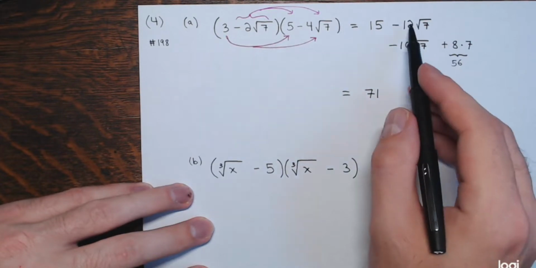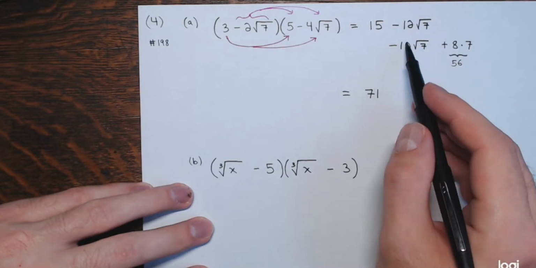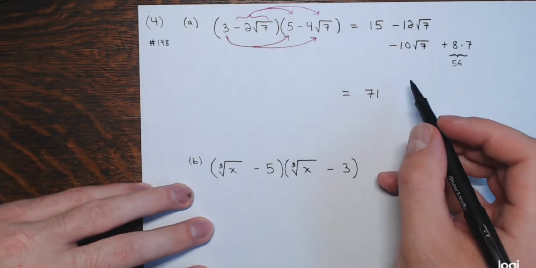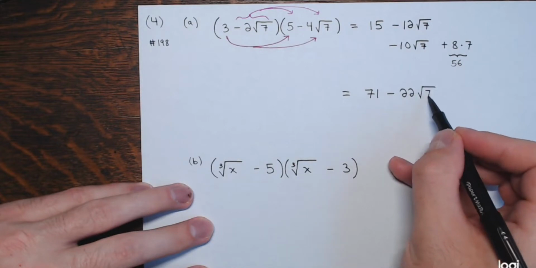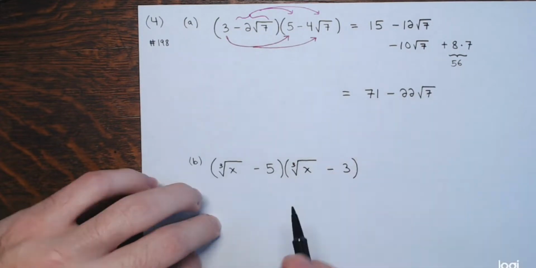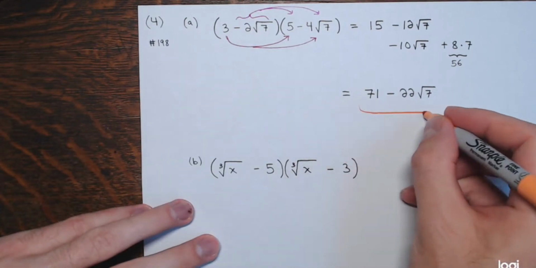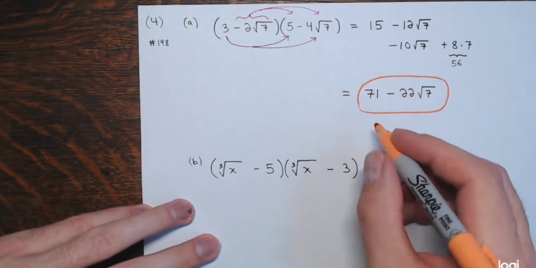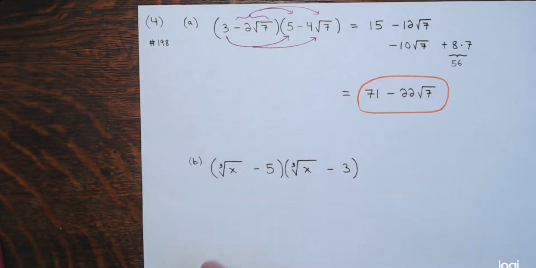And then the two terms with the like radicals, square root of 7, put those coefficients together would be minus 22 times the square root of 7. And again, these cannot combine. Right. And once again, I leave it to you to check with a calculator that the original expression and this final expression are the same.